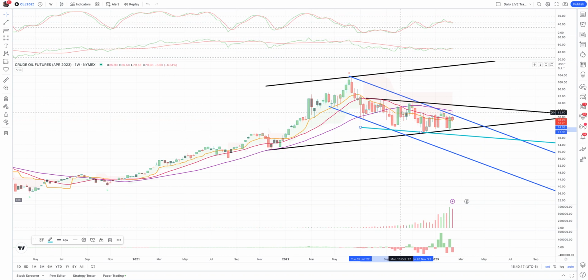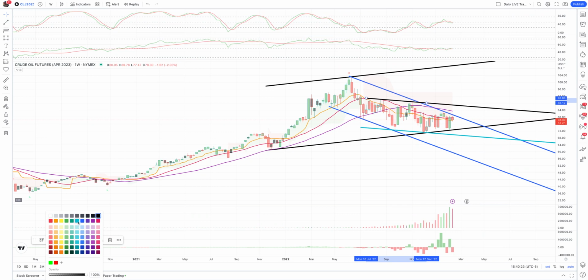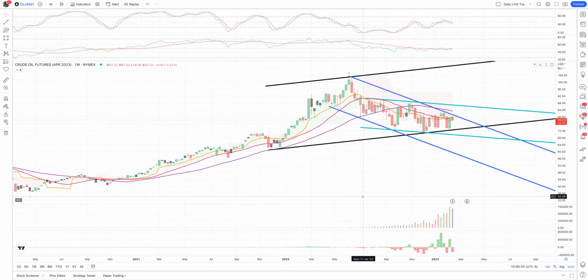So we're going to use the thickness of the line to identify that we used a higher time frame, and then we're going to use the color to see what's newer and what's older. And this gives us an easy way that when we are day trading, we can go, okay, we know we're approaching something meaningful.